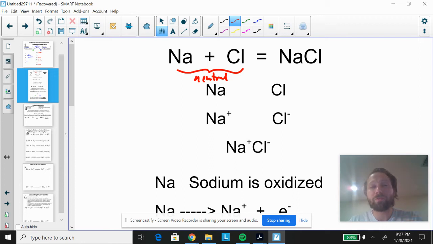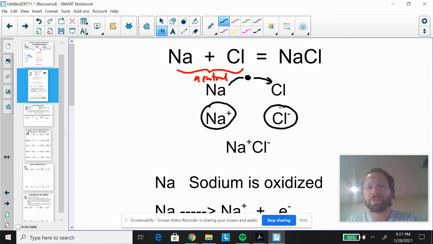So the first step is to realize that there is no charge on either one. But what's going to happen is sodium has one extra electron on its outer electron shell or energy level. It wants to give it to something else that needs it. Chlorine is missing one to have a complete electron shell on the outside. And so what happens is there's a transfer of electrons. And as a result of that, sodium becomes positive and chlorine becomes negative.